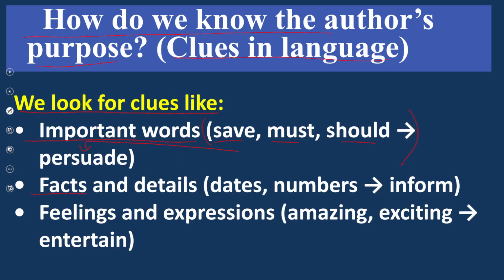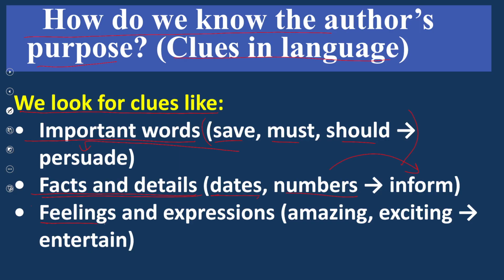The next one is facts and details. Clues in language like dates and numbers are informative. It means the text just informs about the facts and details. It doesn't mean to persuade, it is just awareness. Its purpose is just to make aware or inform the public or the readers.